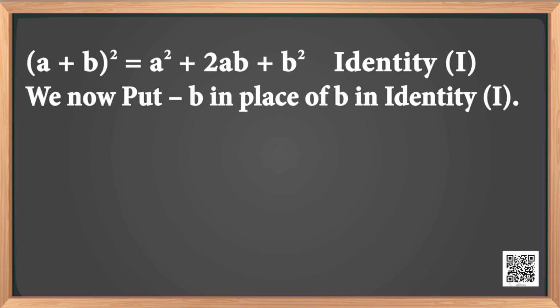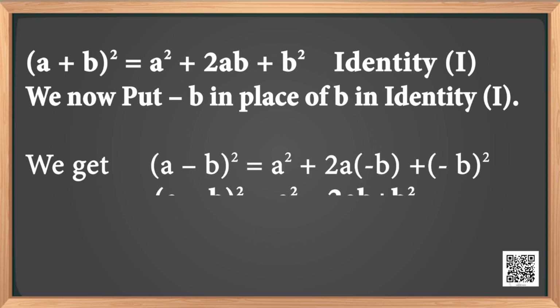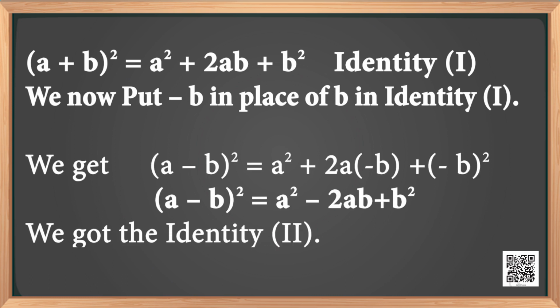We now put minus b in place of b in the above identity 1. We get (a minus b) whole square is equal to a square plus 2a times minus b plus (minus b) whole square, which is equal to a square minus 2ab plus b square, which is nothing but identity 2.